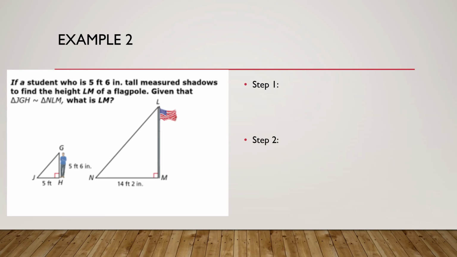Next example, same kind of thing. We're going to compare the height of a man and his shadow, and then use that similar relationship to find the height of a flagpole. So again, step one, we're going to change everything into inches. If we start with the height of the man, who is 5 foot 6 inches, 5 feet times 12 inches in a foot plus 6 gives us 66 inches.